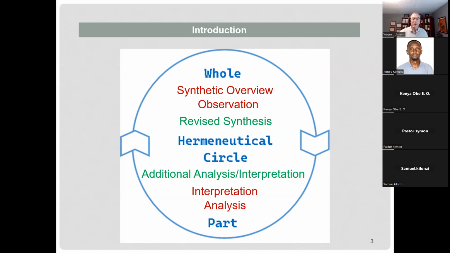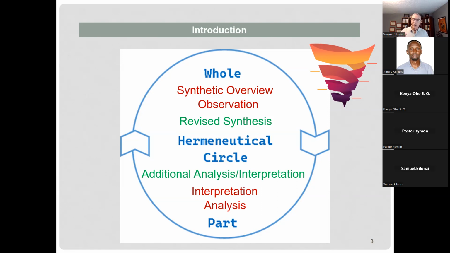Having done that, we might go back down to the same passage, and there will be additional analysis and interpretation. As you stretch this out over the years, studying the same passage, you just continue this hermeneutical circle, and we end up coming to a clearer, fuller understanding of passages as we continue to study them throughout the year. If you remember this little diagram from the first time together, here we call it a hermeneutical circle.